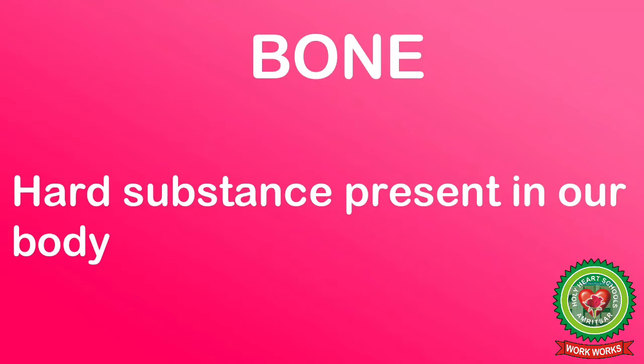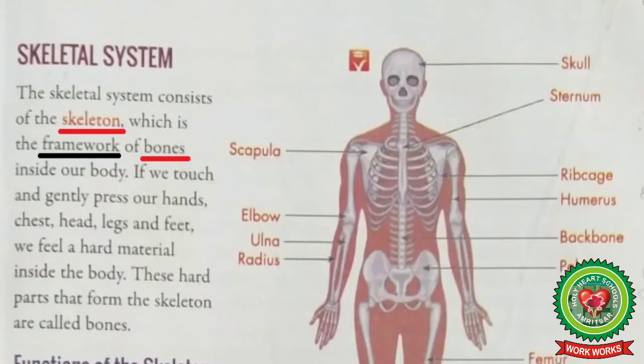A hard substance present in our body is called bone. So students, just as a building has a framework of wood or metal, our body also has a framework, and this framework of bones is called the skeleton. Students, the skeleton is made up of 206 bones.